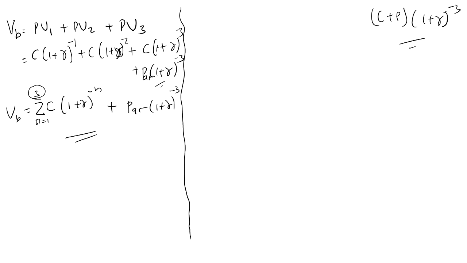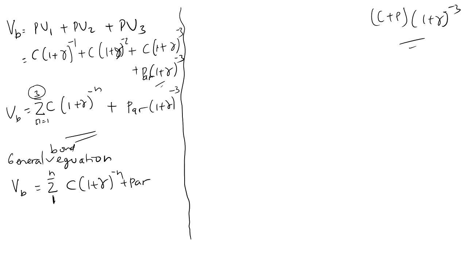equation for bond, the general bond equation, is the value of bond equals the sum of C times (1 plus yield) to the power of minus N, plus par times (1 plus yield) to the power of minus N. So this is actually the general equation for bond.